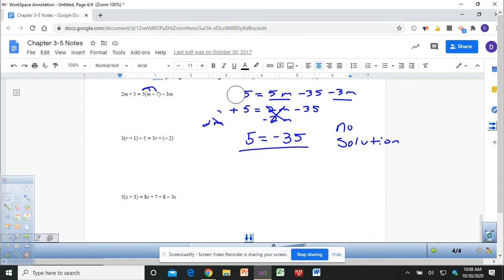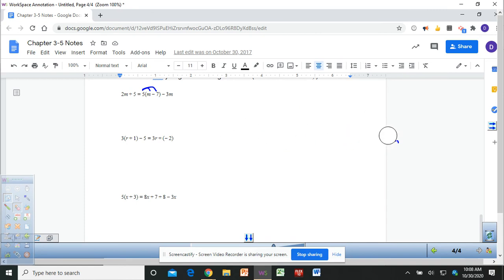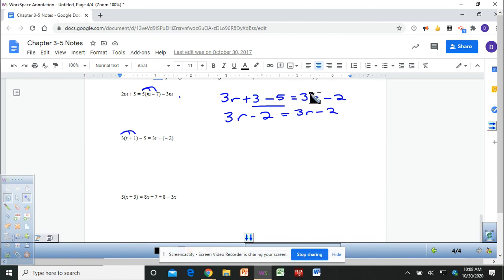Okay, so let's look at another one. We'll do a few of these. So distribute. So we have 3r plus 3 minus 5 equals 3r. I'm just going to put this as a minus 2 instead of a plus negative 2. Okay, so now I have 3r minus 2, because I simplified that, equals 3r minus 2.